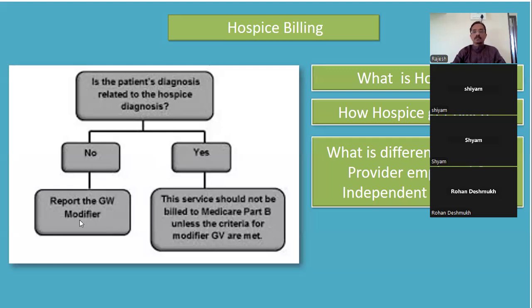For example, you need to bill the GW modifier based on the diagnosis code. You finalize what kind of diagnosis codes we are billing for this patient. Is the diagnosis related to hospice or not? If you identify that and start working by the patient account, I hope you can do this in a better way and you don't need to do a lot of waste in the billing.